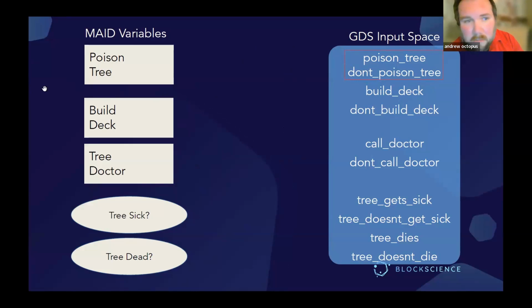This is basically how we think about the inputs and how they are used in updating the state variables. The goal here is to emphasize this correspondence: having a MAID already set up might make the structure of a GDS for a system more visible by highlighting what the inputs are and how those change the values of state variables.